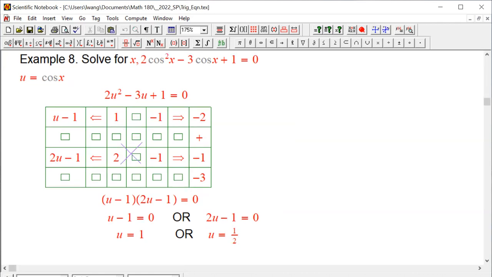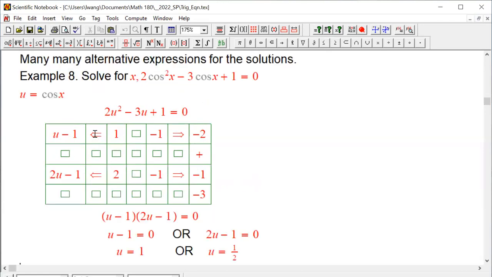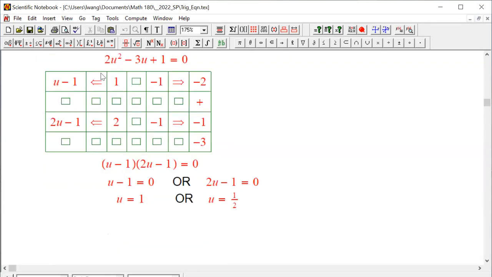And then you know what to do. Of course, we're going to do it together. For u equals 1, we got cosine x equals 1. And of course, for u equals half, we got cosine x equals half.